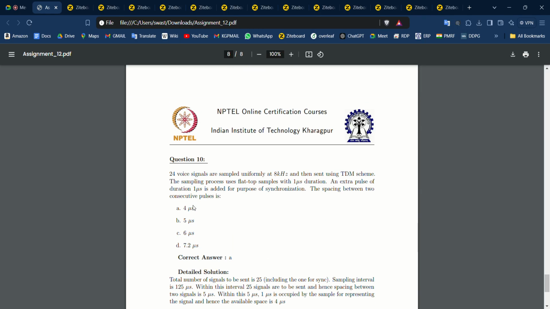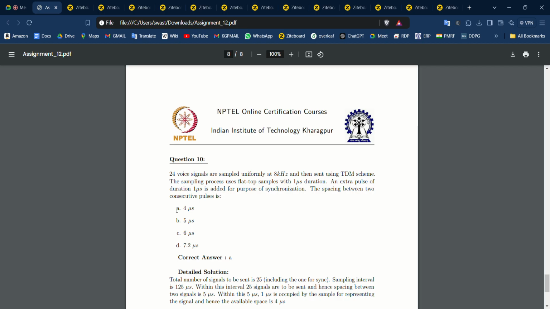24 voice signals are sampled uniformly at 8 kHz and then sent using TDM scheme. The sampling process uses flat top samples with 1 microsecond duration. An extra pulse of duration 1 microsecond is added for the purpose of synchronization.